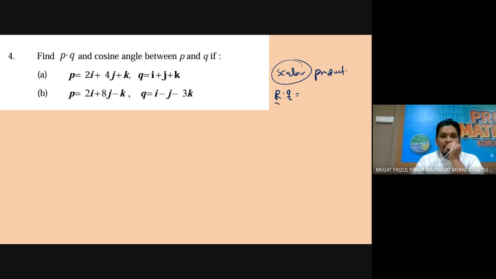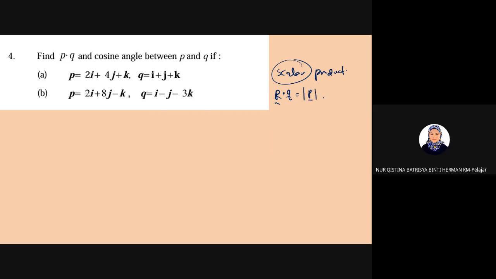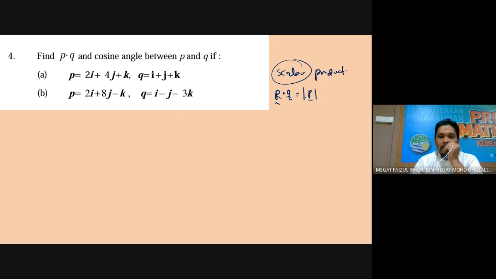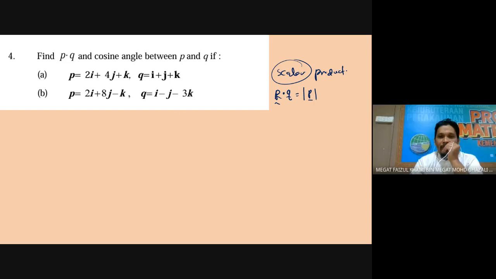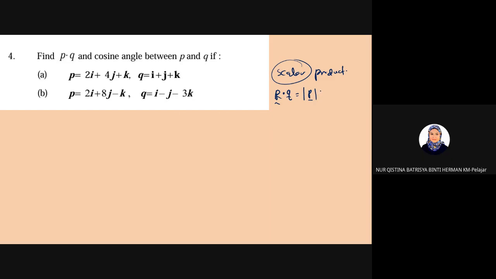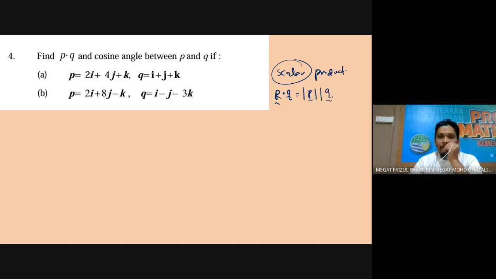Vector P dot vector Q equal to A1 B1. Okay, look at this. Vector P dot vector Q equal to modulus of P, modulus of Q, cos theta.